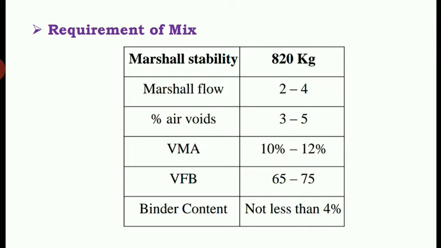After getting that particular bituminous mix, how exactly it is going to be used in road construction, and what the main properties of that prepared bituminous mix are, that test we are going to conduct on the bituminous mix. So the same test we call the Marshall stability test.